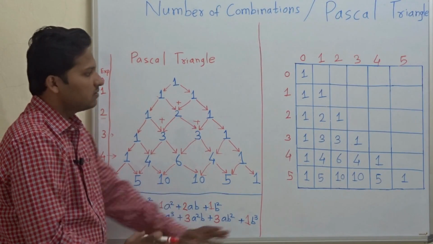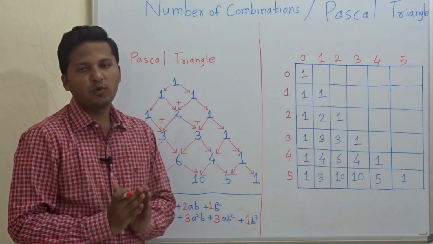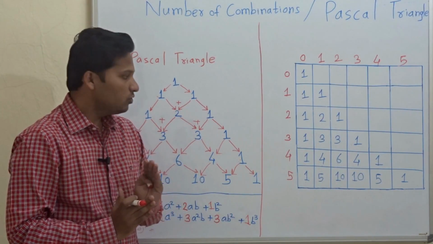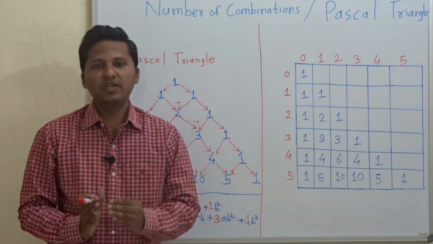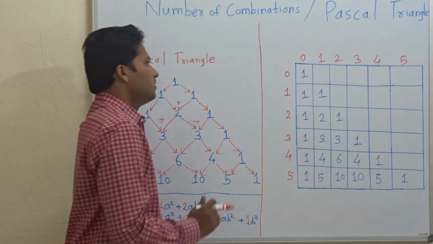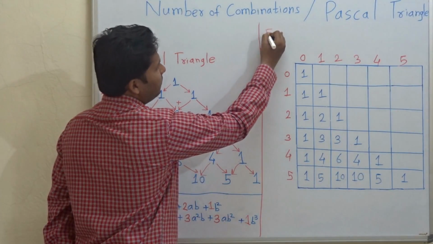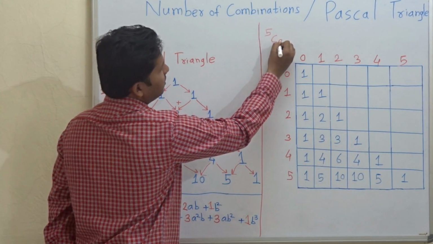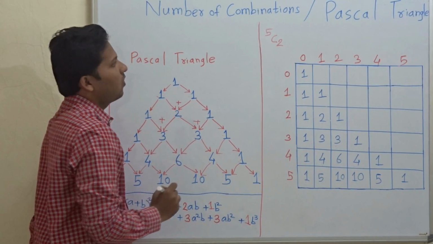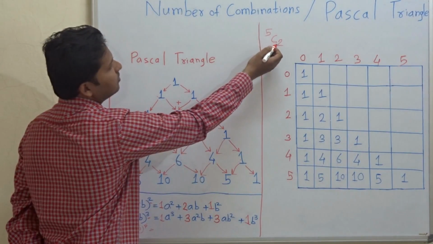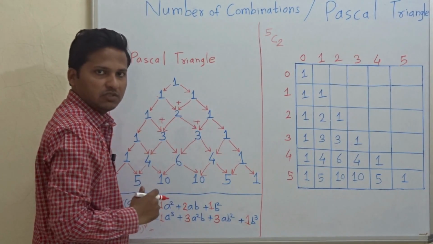Now understand that this is for programming purpose. We are going to use dynamic programming here, and we are going to use this Pascal triangle for finding out the number of combinations. So if you want to find out 5C2, means the number of ways of selecting two objects out of 5, the combination.